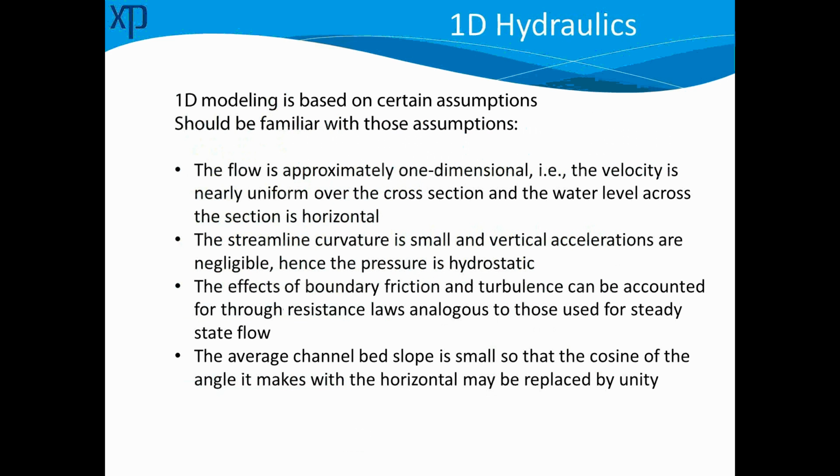And then there are some assumptions that go along, and these are the assumptions that we need to be familiar with, and we'll point out why as we go later on in the presentation. But for example, if we assume flow is approximately one-dimensional, following a flow path, and it follows these assumptions, then we're good to go with a 1D model.